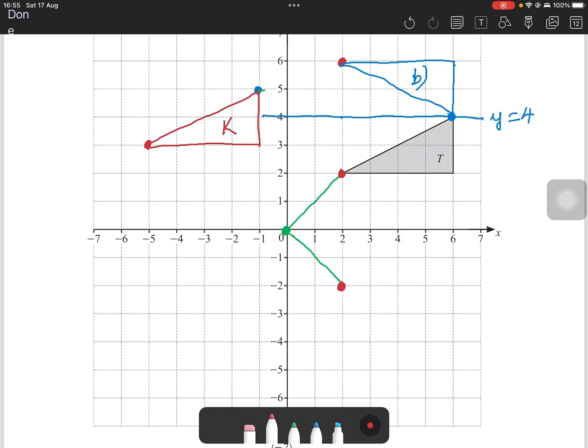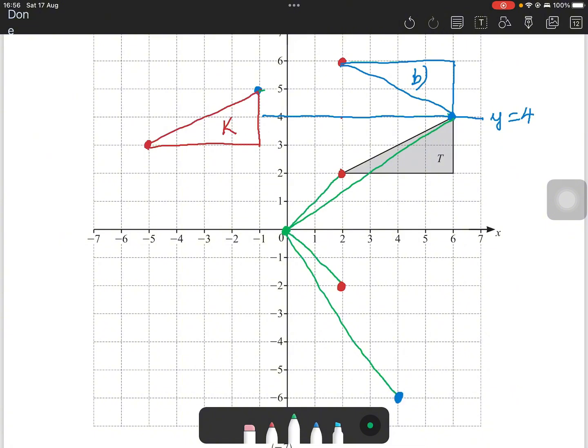Next, let's check the blue point. I also need to rotate it 90 degrees clockwise. 6, 4. Here we go. So the image of the blue point is here.